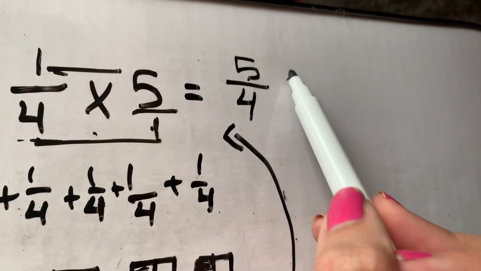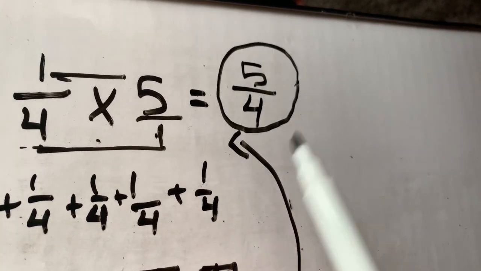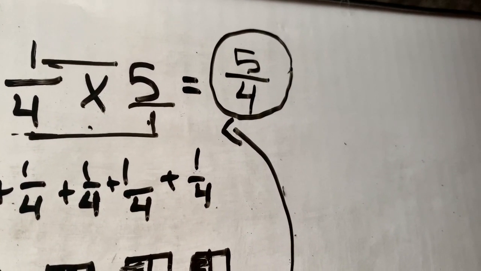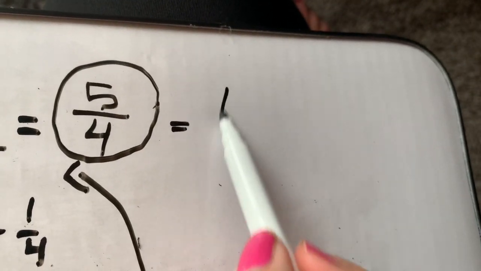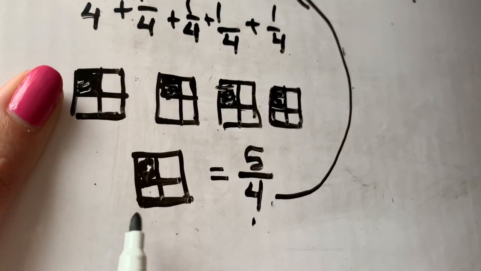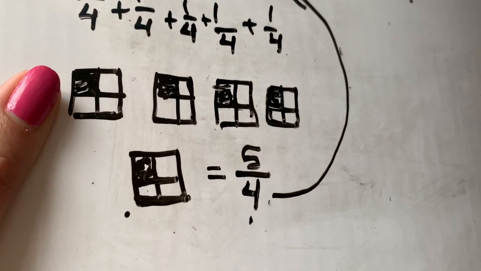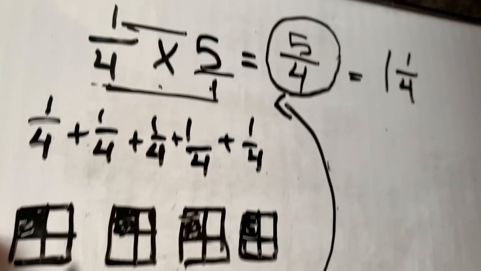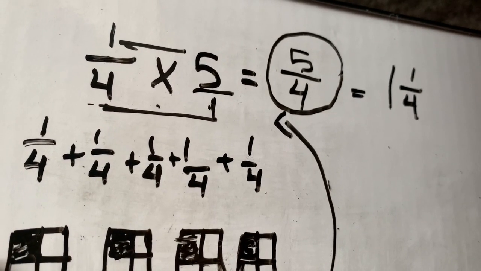But then we had to change this fraction to get our mixed number, which was 1 1/4. I just wanted you guys to see that we can also use a model to show the multiplication that's going on.